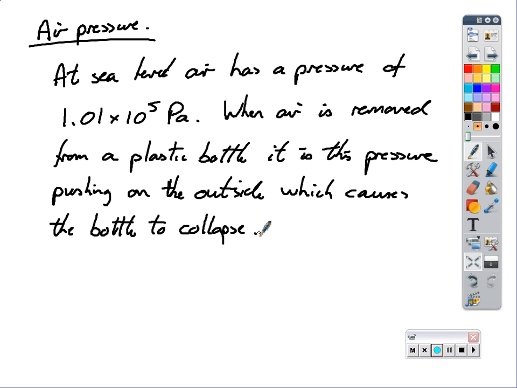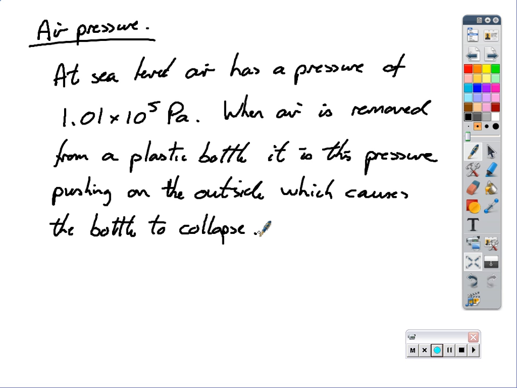Okay? So pressure is not so much about there simply being pressure there, it's about whether there is a pressure difference. The pressure difference causes things to happen. If I pull the air out of a bottle, I'm removing any pressure there was on the inside, meaning the outside has more pressure, so it pushes it in.